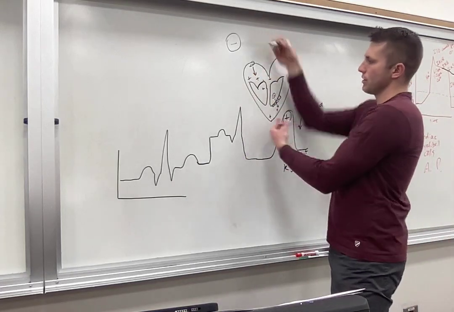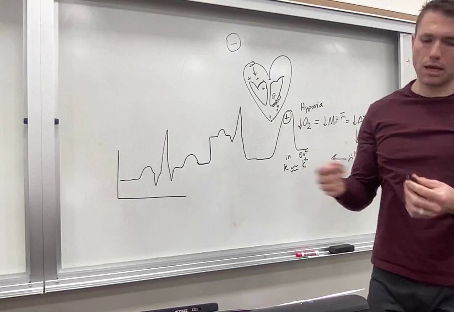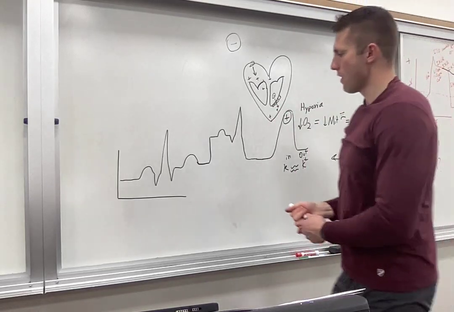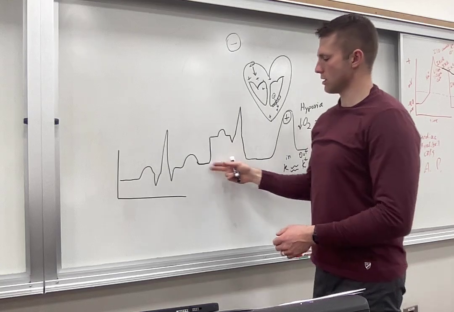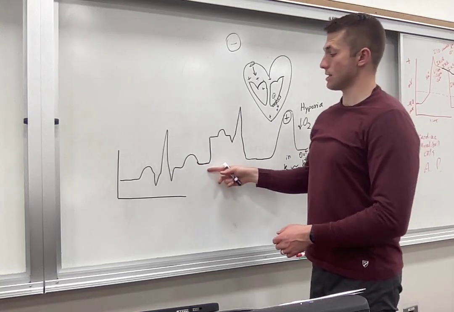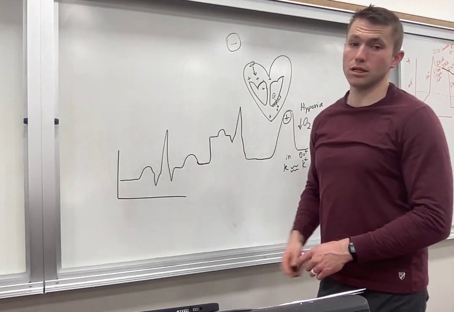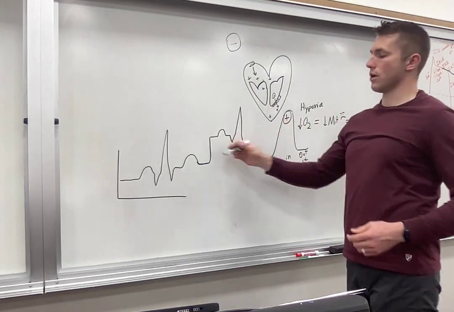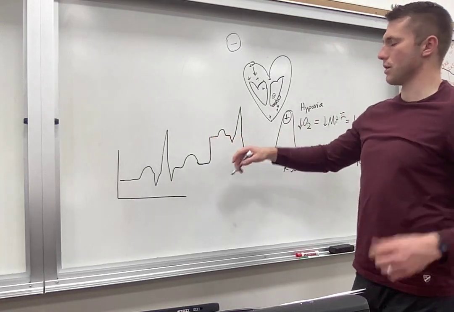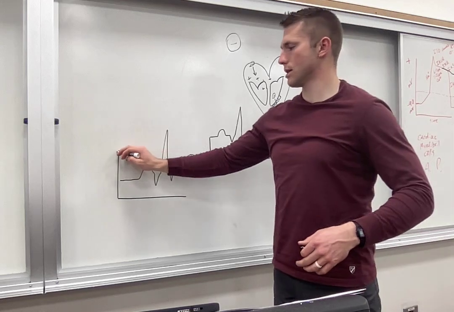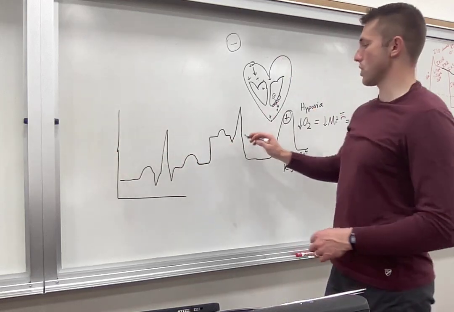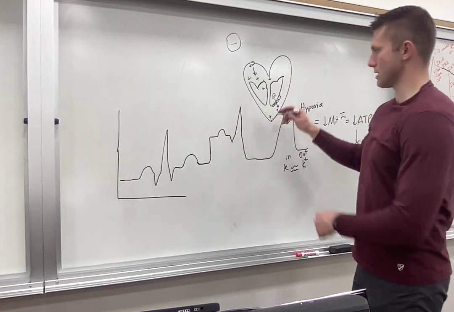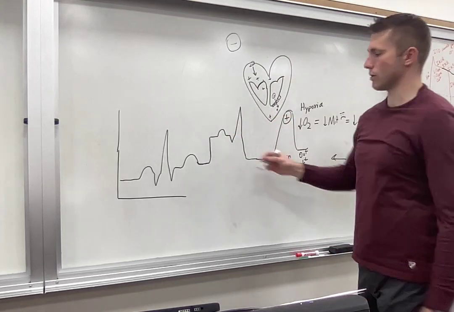So because we have twice as many charge vectors going on, our baseline says, oh, we need to be up higher. And that's why our ECG tracings start occurring at this higher baseline, because it's got two of these vectors going on.